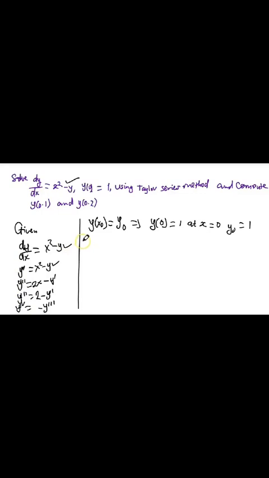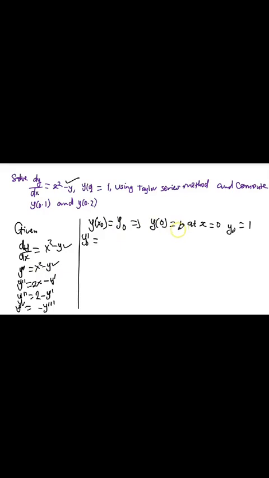derivative. So what would be our y naught prime? Here we have y naught. So our y prime, we have x squared minus y, but you are told that y naught is equals to 1.